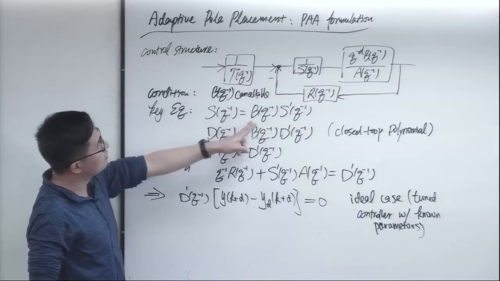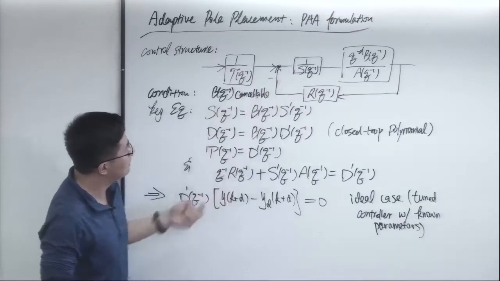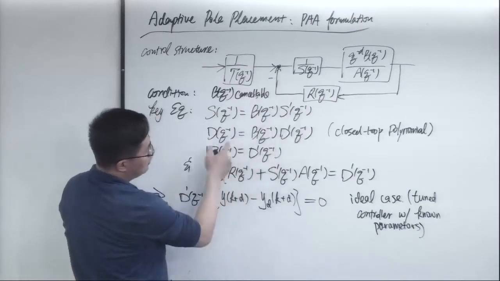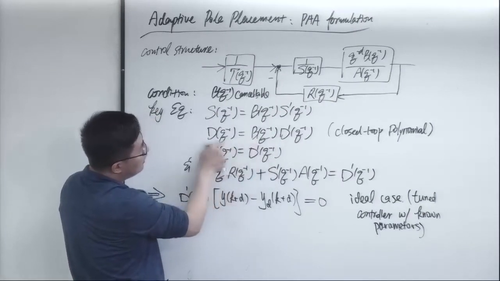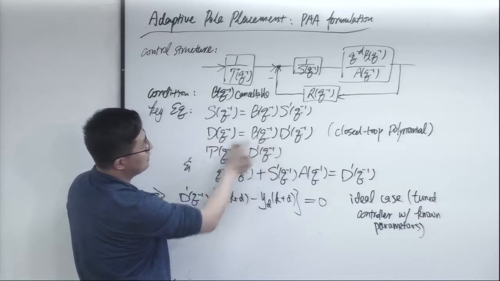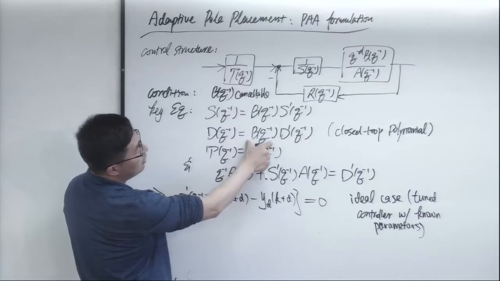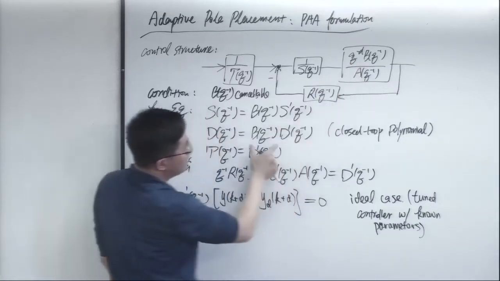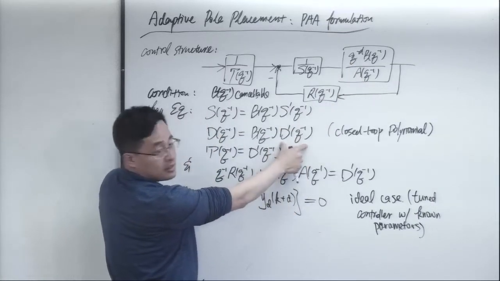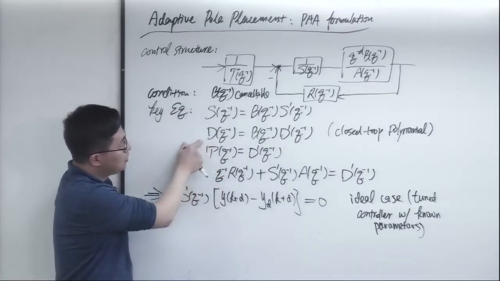We cancel the cancelable zero in this S, and then this will construct a fixed portion of the placed poles in the closed loop. So the D will contain these stable poles from the zeros, and then something else that we can design, D prime. This is the closed loop polynomial.